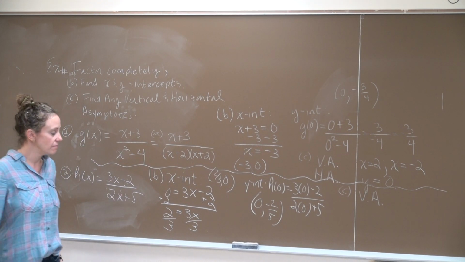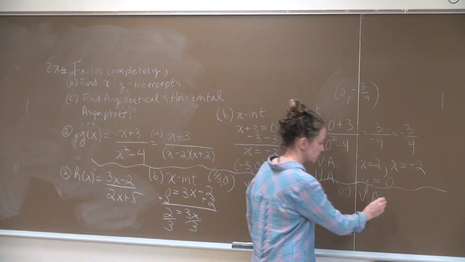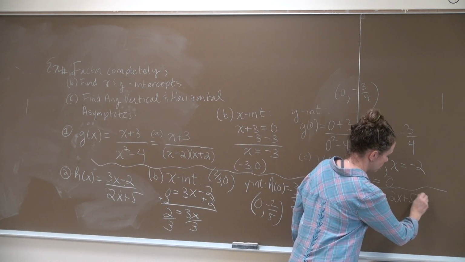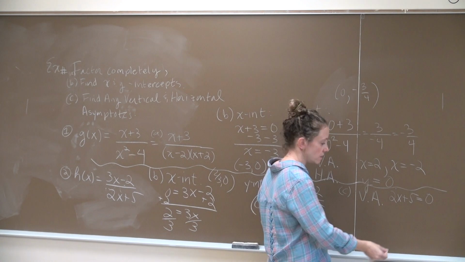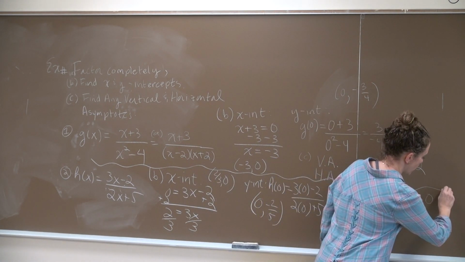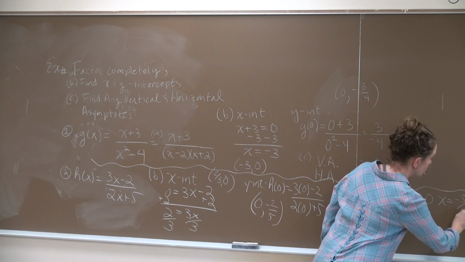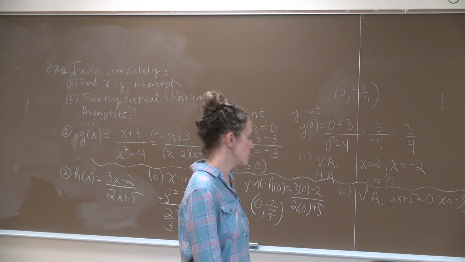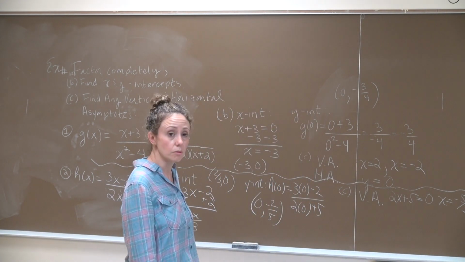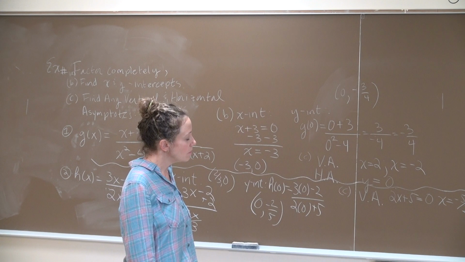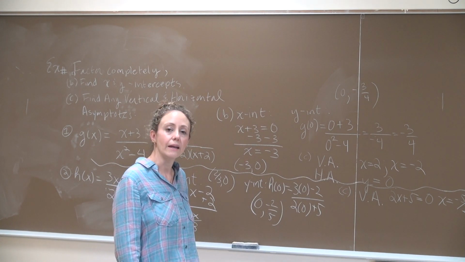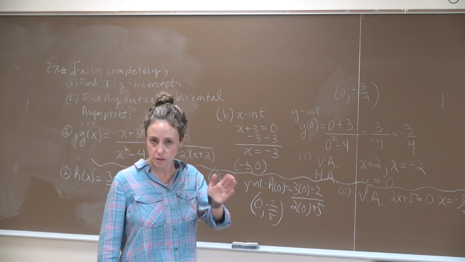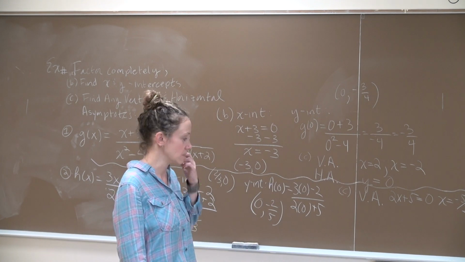And 2x plus 5 equals 0, subtracting 5 from each side, dividing it by 2, that means x is equal to negative 5 halves. Knowing that x is equal to negative 5 halves, that means we would draw a dashed vertical line at negative 5 halves to show that our graph can't pass over there.